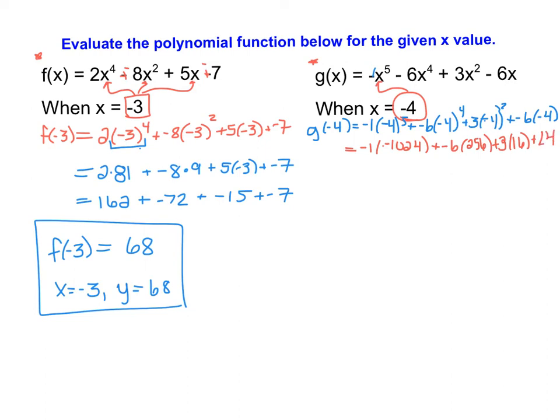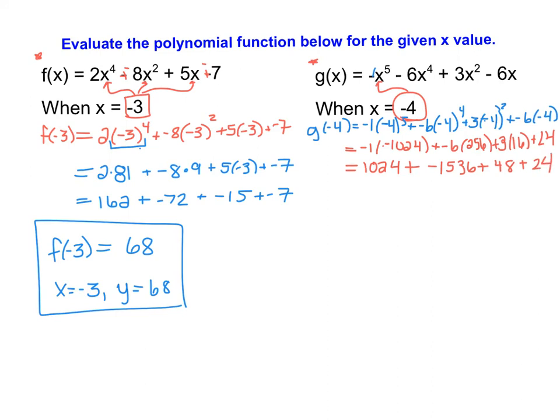Then I'm going to go through and multiply those values. So -1 times -1024 is a positive 1024, plus -6 times 256 is -1536, plus 3 times 16 is 48, plus that -6 times -4, which was 24.